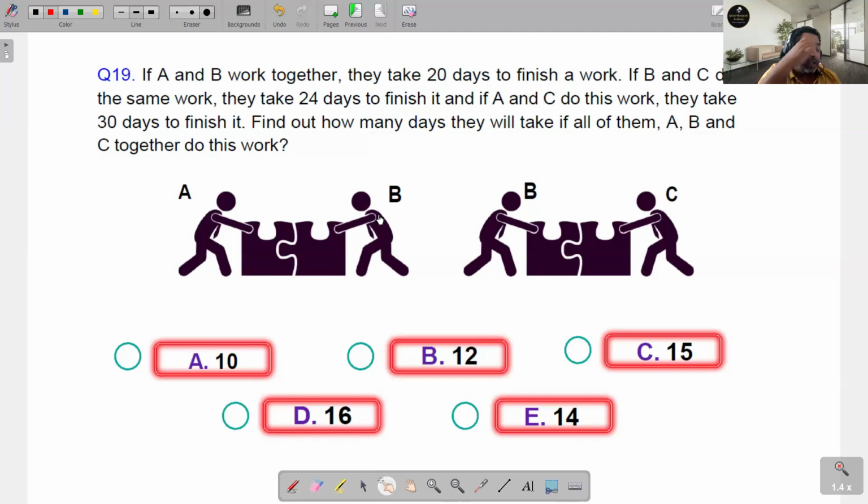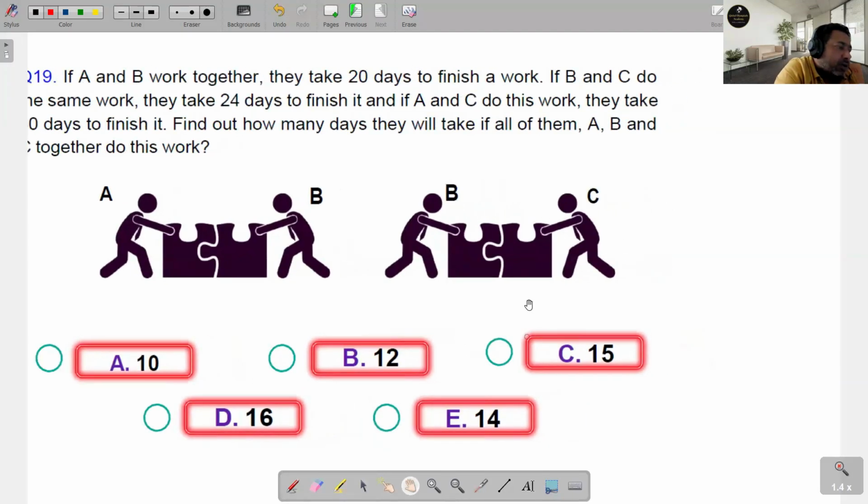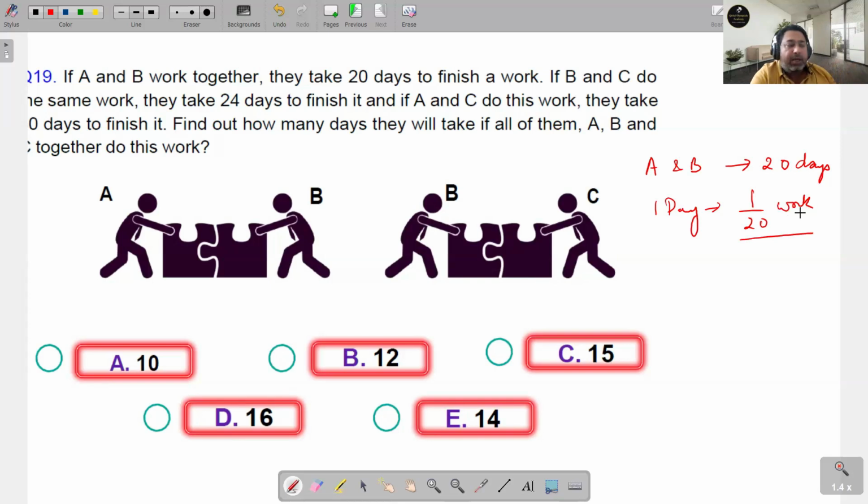So in this case, we need to understand that if A and B do the work in 20 days, in one day they will do 1 by 20 work.